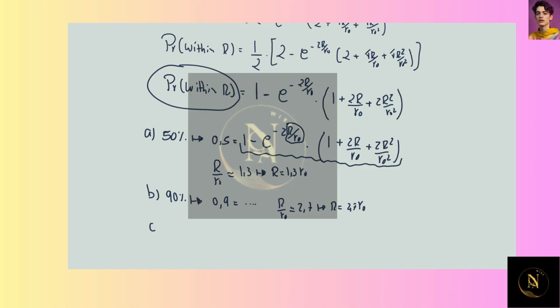And finally, for 99%, we have 0.99 is equal to the same expression, which is again this term here. And by solving for R divided by R0 using a computer, we get R divided by R0 as approximately 4.2. Then R is equal to 4.2 times R0.